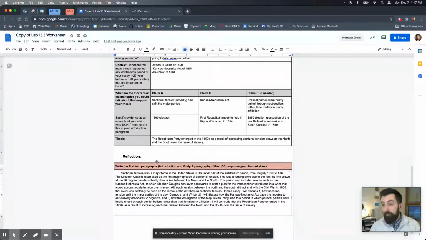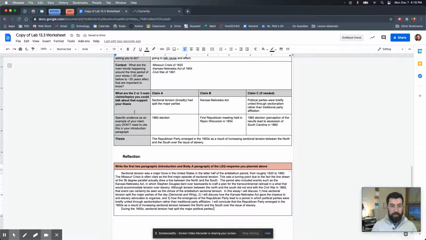The nice thing is you don't even really need to transition in here. So I would say, during the 1850s, sectional tension had split the major political parties. All right, so that's my subclaim.